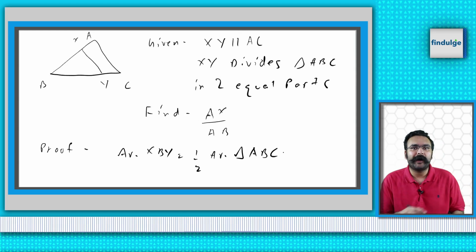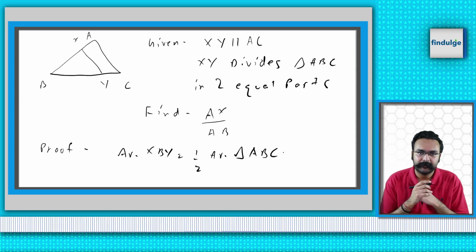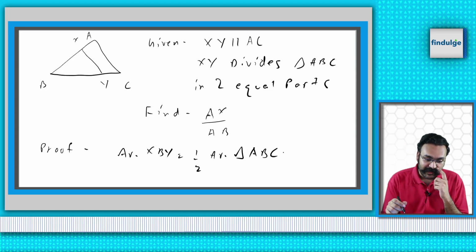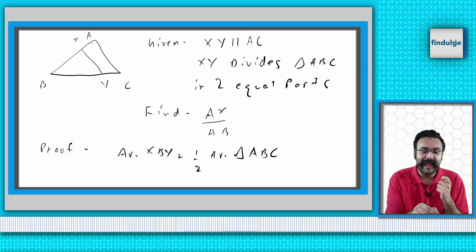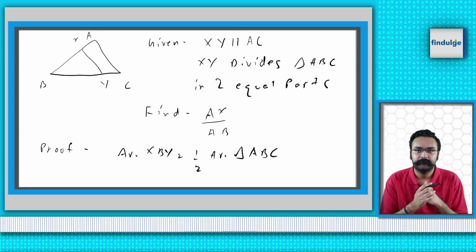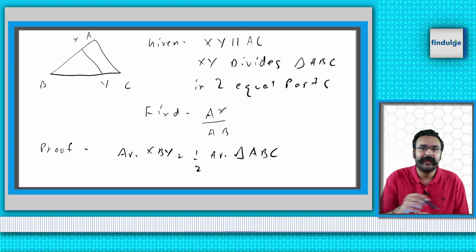Now, they've asked us to find the ratio AX is to AB. So to do that, we will start by first finding the ratio XB is to AB.